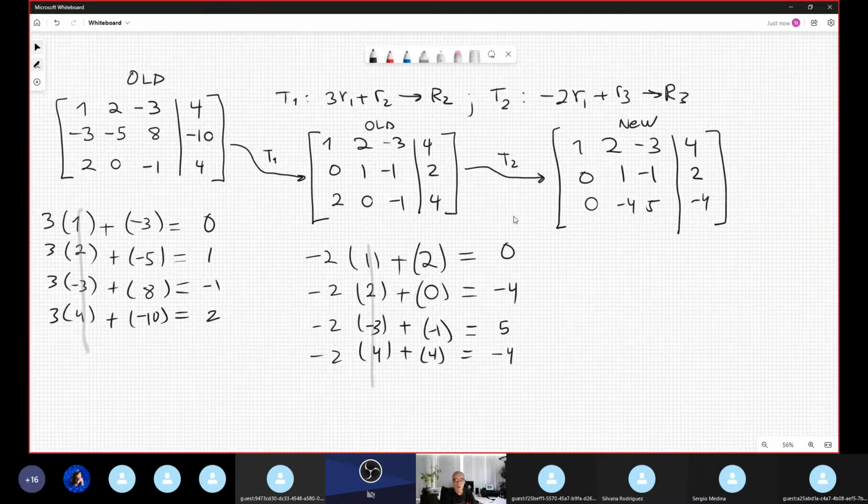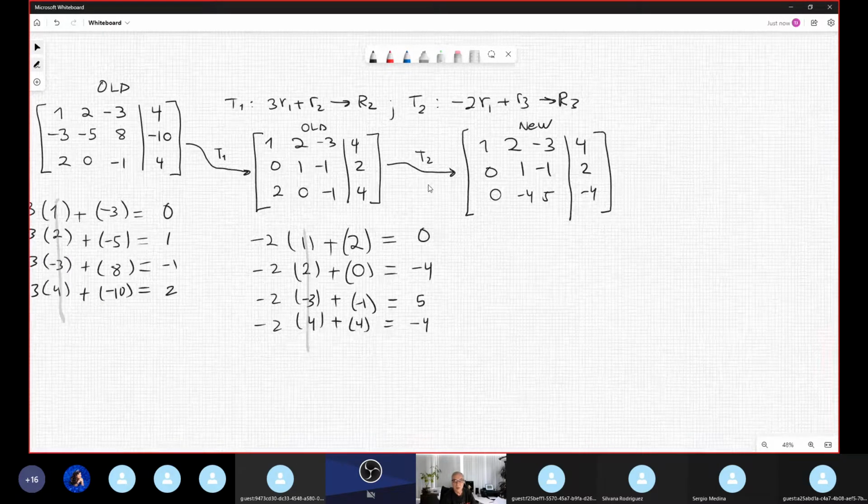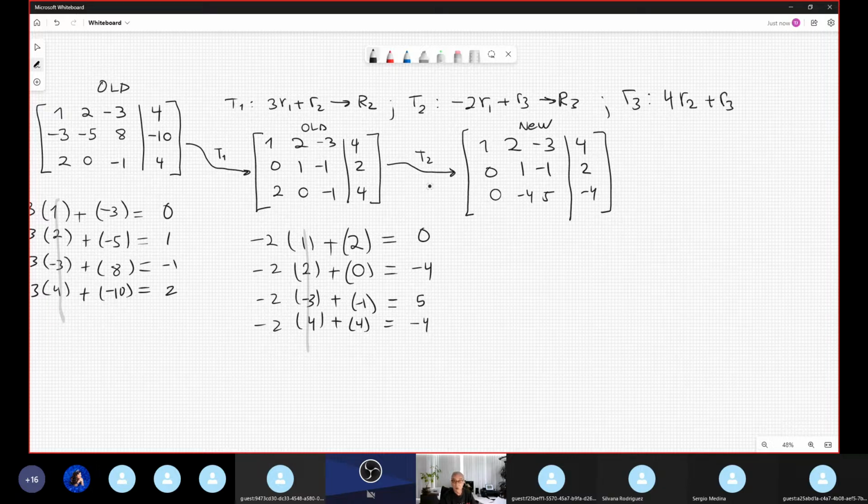Okay. And the last transformation that the problem proposed is transformation 3. It is 4, the factor now is 4, R2 plus R3, stored in R3. Okay, we try. Copy 4 times. Multiply by the corresponding element in row 2.